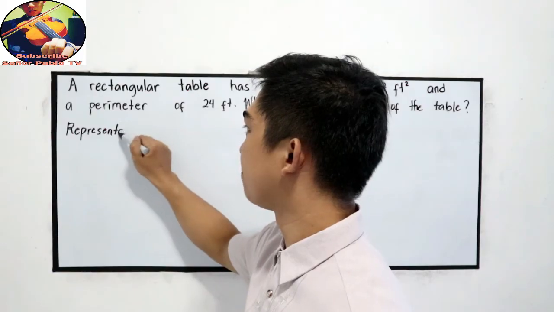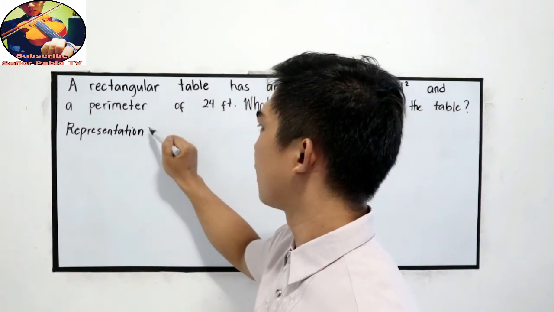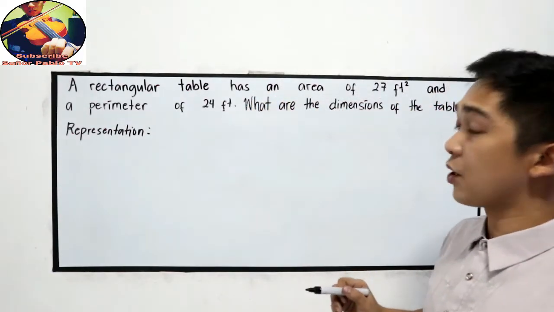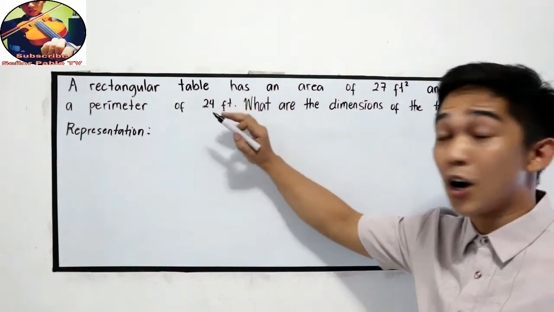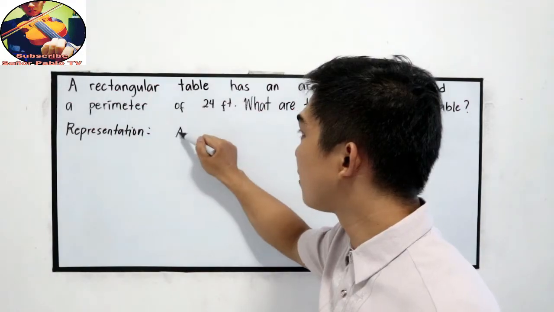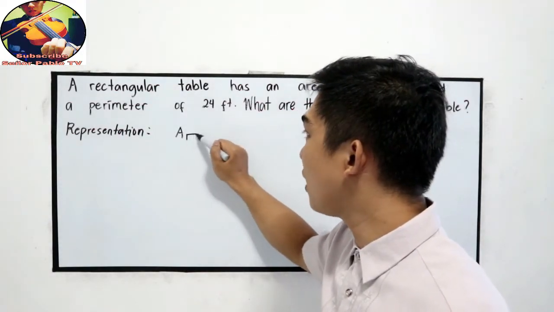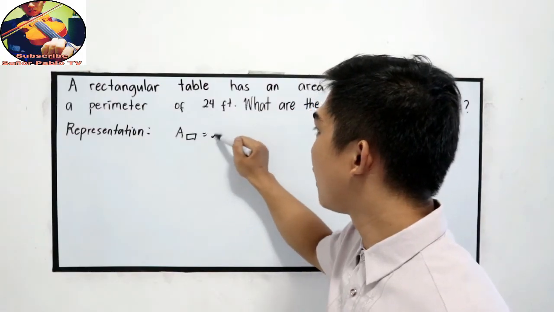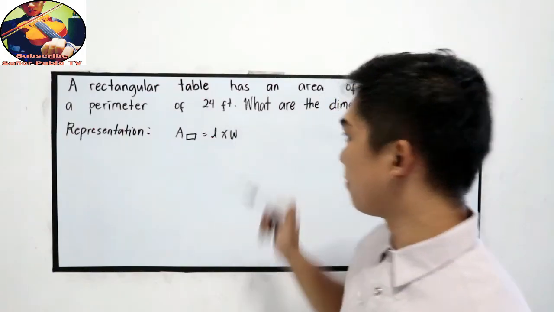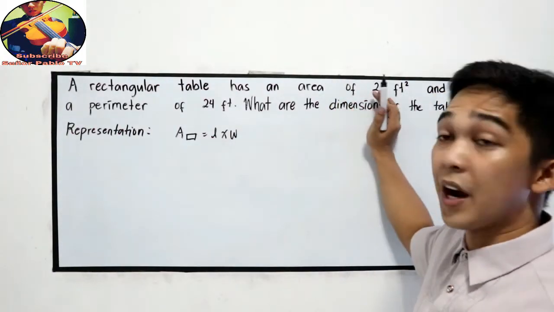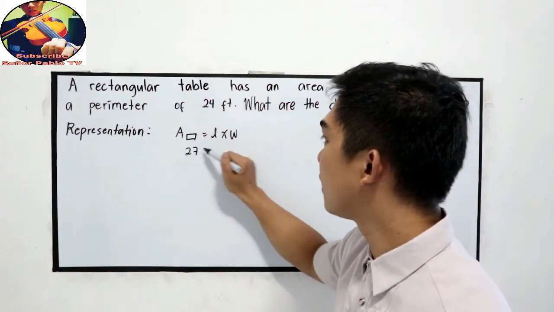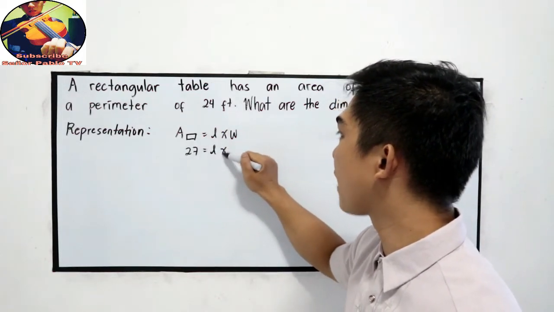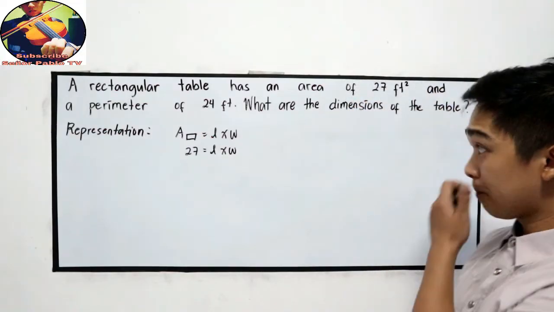Sa ating representation, meron tayong rectangular table. So, alam natin na ang area ng rectangular table ay length times width. Pero given yung area na 27. So, 27 is equal to length times width.